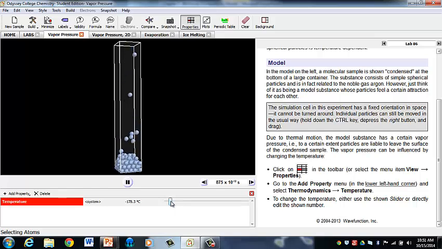So the puddle's outside. At the surface of the puddle, you have some water vapor molecules that will come down, hit the surface, and say, ooh, this feels good, and they'll stick to the surface. So there are some molecules condensing at any time, whereas you have other molecules in the liquid that reach the surface and have enough kinetic energy, and they break away.